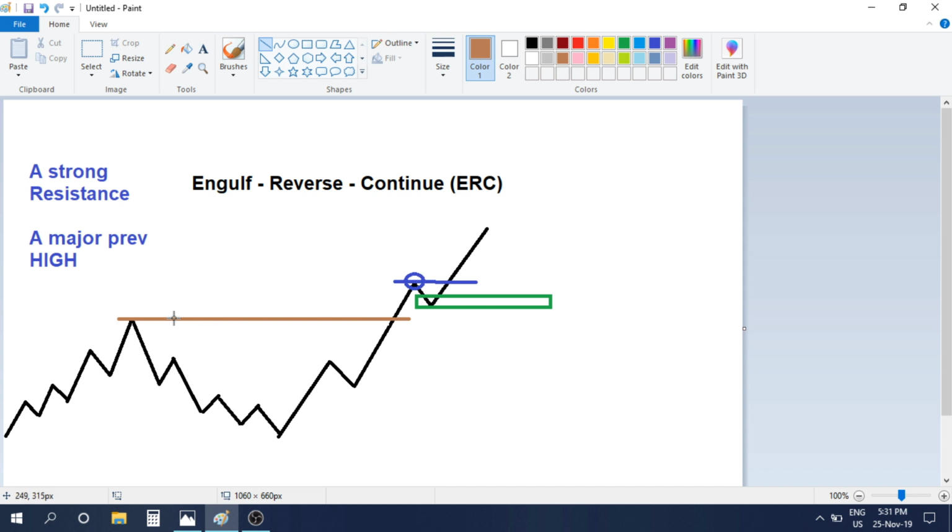So this major barrier could be a previous good high, a previous lifetime high, or it could be a previous trend high. Okay, this could also be a major resistance. So let's say there were multiple times there was resistance in the past for this particular zone.